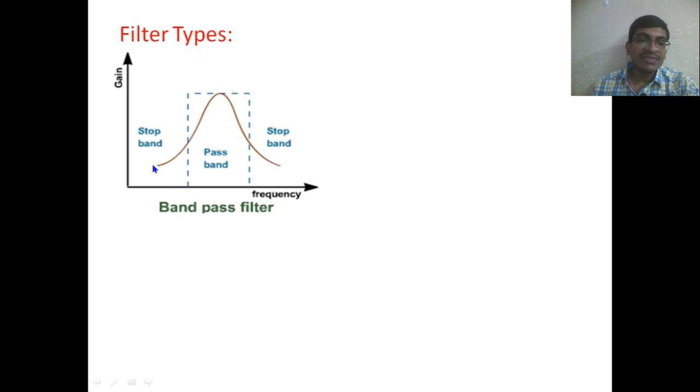Here we will have the gain decrease in both stop bands, and in the pass band we will get the maximum gain. These band pass filters are most widely used in order to propagate a certain band of frequencies.